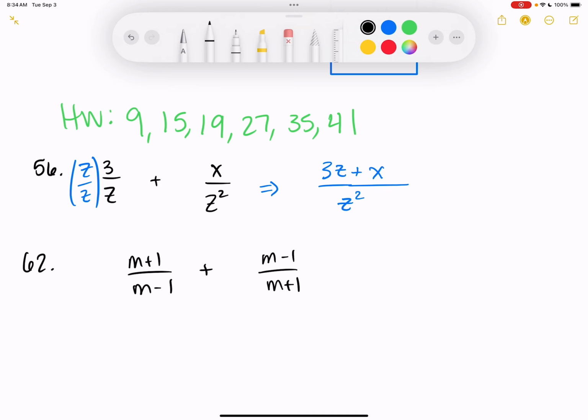So what do you think I might need to do to get a common denominator on here? Yes. So we're going to multiply this one by m plus 1 over m plus 1. How about this one over here? Yep, m minus 1.